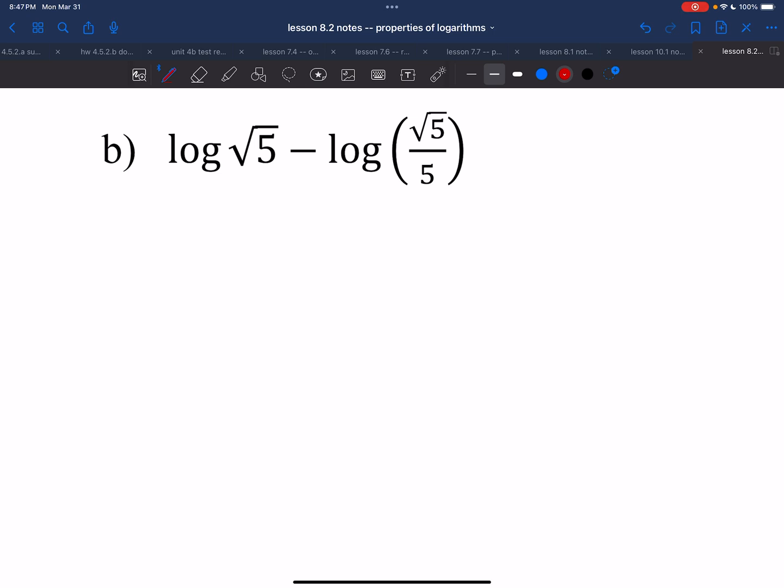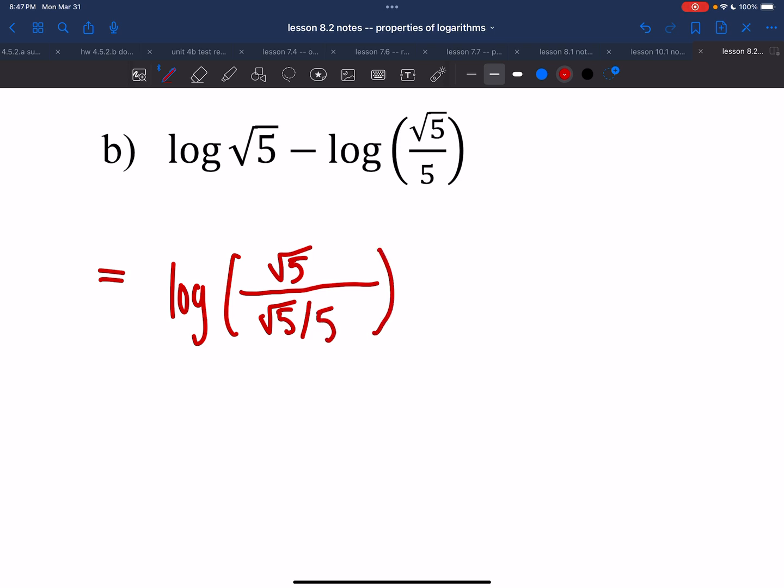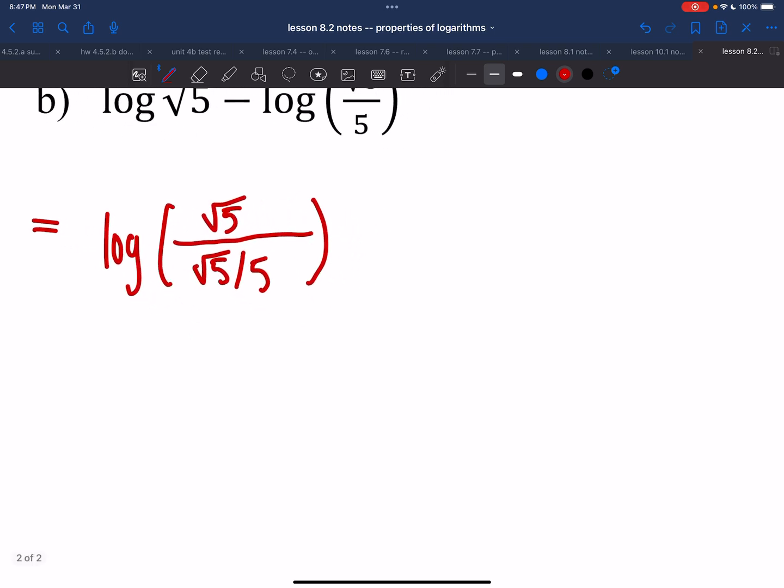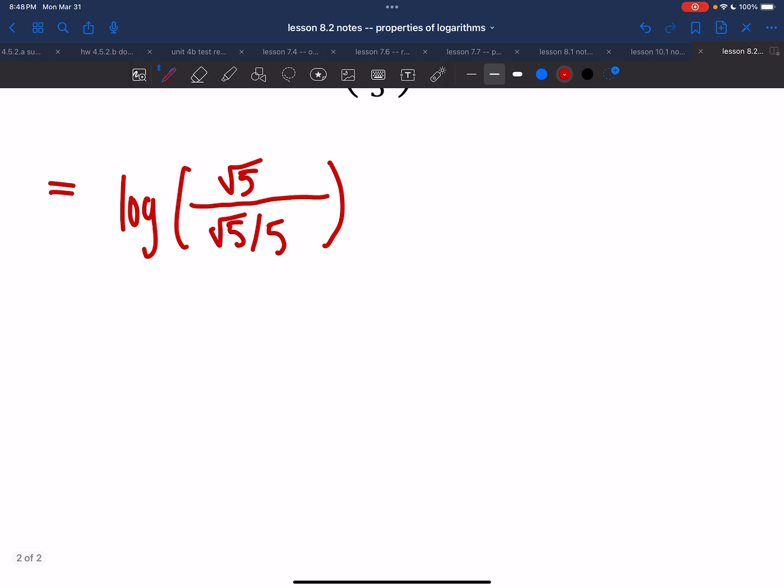Notice there's a subtraction. So what you could do is you could say, oh, okay, well, this is log of root 5 over, right, it's just subtraction, so it's quotient rule, so you divide root 5 over the fraction root 5 over 5. Okay? And then you could just do keep, change, flip, yeah? You just say, hey, it's root 5 times 5 over root 5.